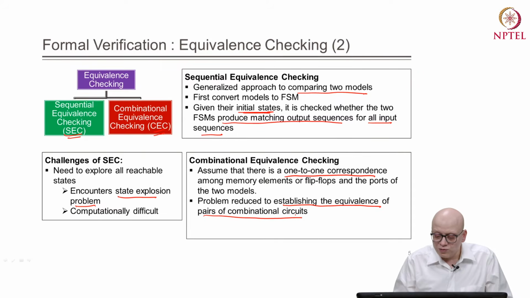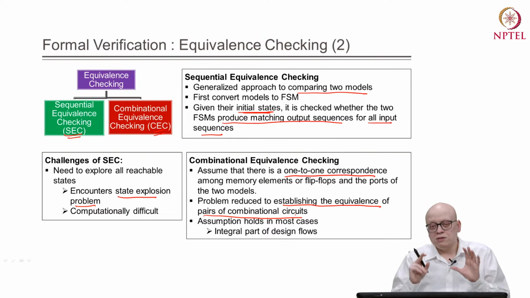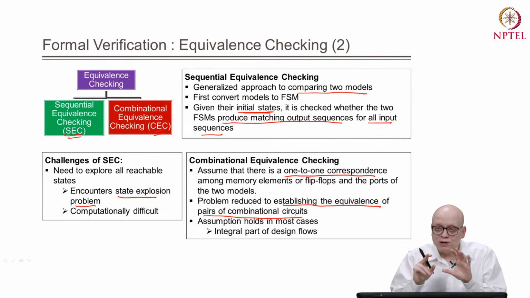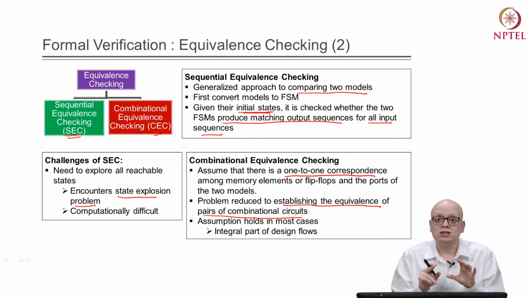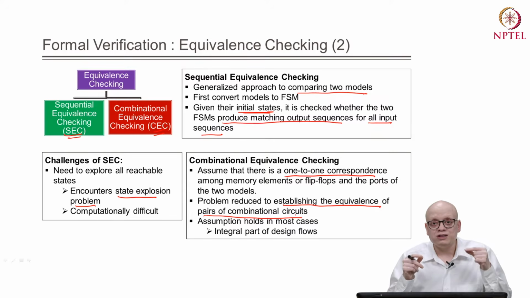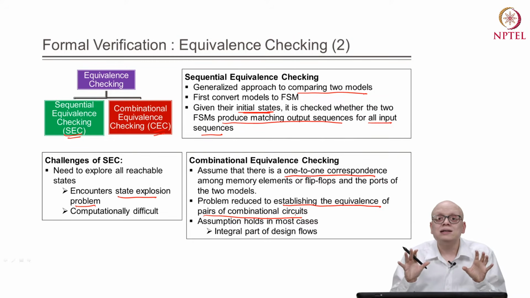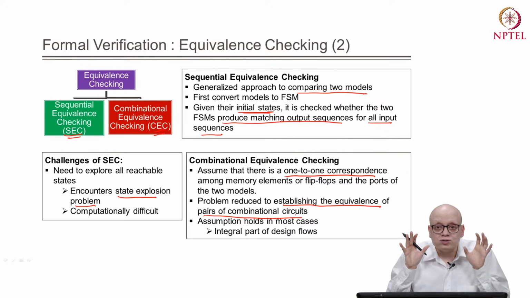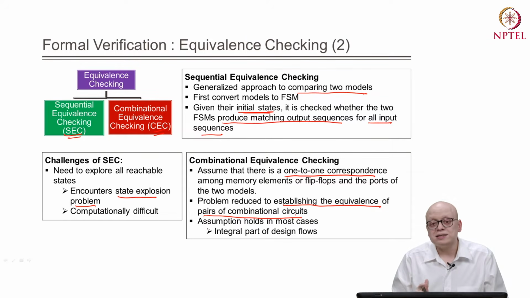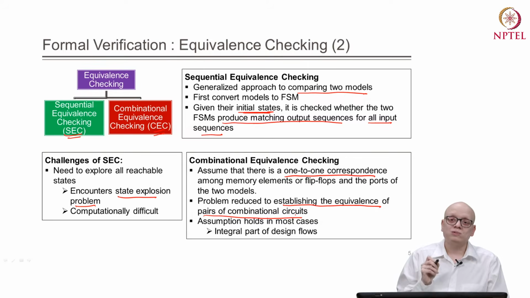But an important thing is that we have to consider whether this assumption, that there is a correspondence between the state elements and the ports in the two models, is correct or not. It turns out that this assumption is valid for most cases.